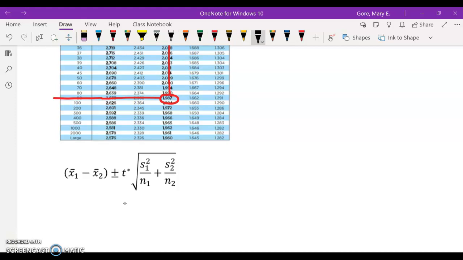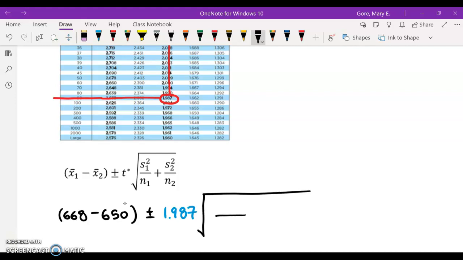We have 668 minus 650 plus or minus, and remember, this is our 1.987 that we just located in our T table. After that, I need to put this enormous square root here and fill in what else we know.